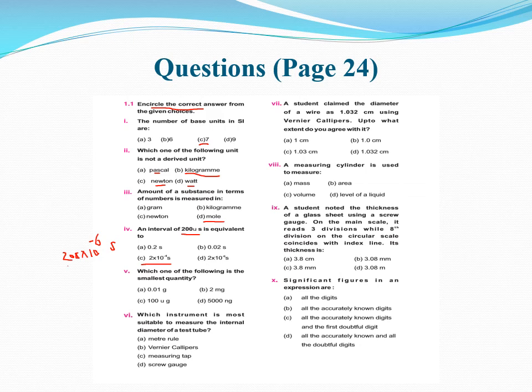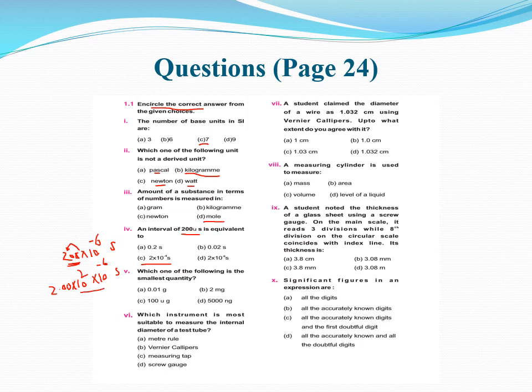And when we convert this 200 into a scientific notation, we have to plot this point which lies at the end here. So how many positions do you have to take this decimal point towards left? 2. So it would be written as 2.00 times 10 to the power plus 2, and there is already 10 to the power minus 6.